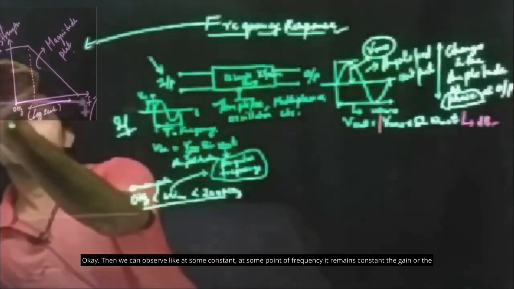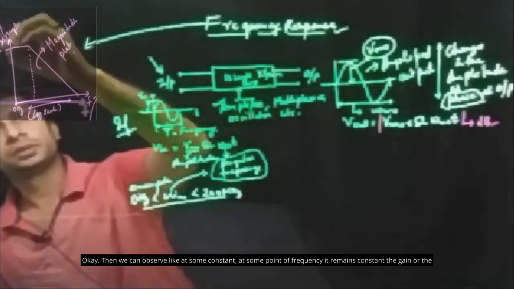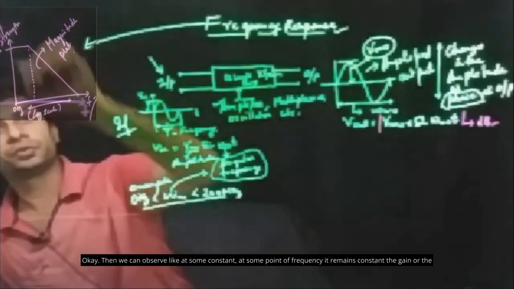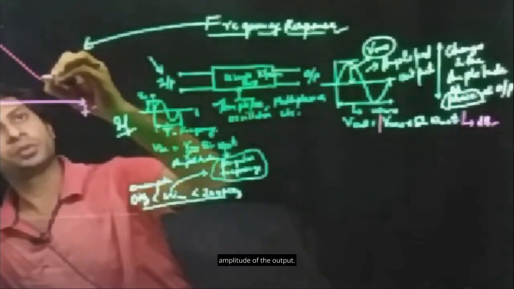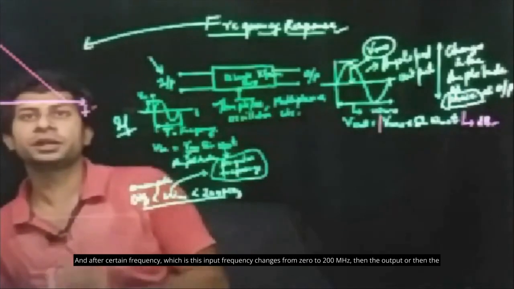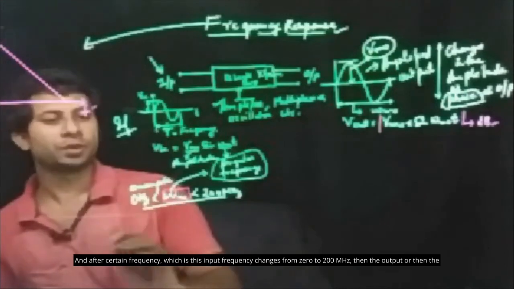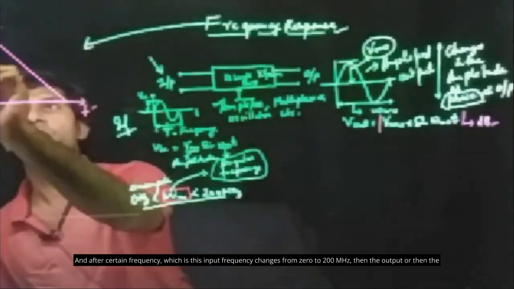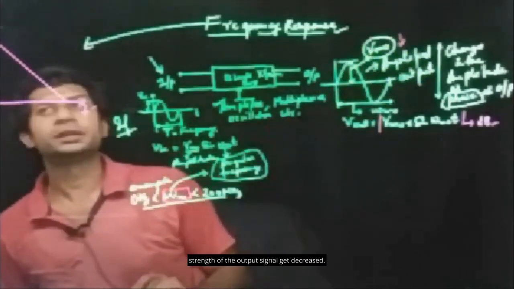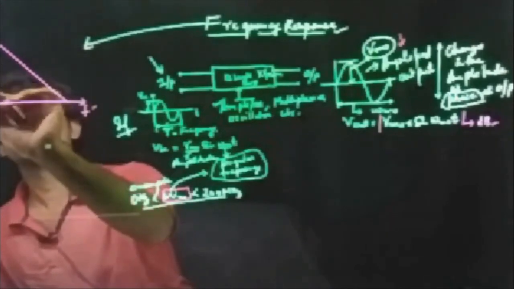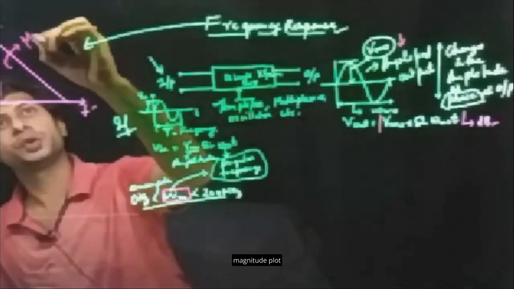Then we can observe that up to some point of frequency the gain or amplitude of the output remains constant, and after a certain frequency, as the input frequency changes from 0 to 200 megahertz, the strength of the output signal decreases. This is known as the magnitude plot.